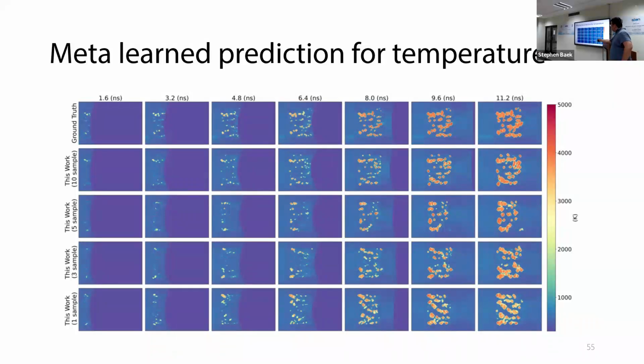Because the model has already been trained on the single void simulations, so it knows the overall dynamics pretty much. It just needs to learn to connect the scales, and using a small number of samples, we can teach the model to bridge the scale.